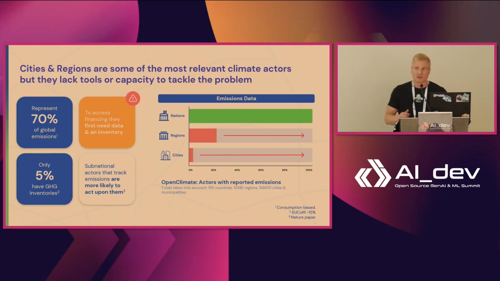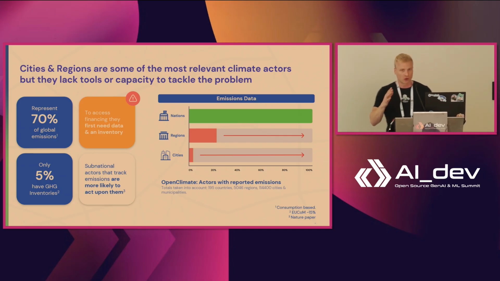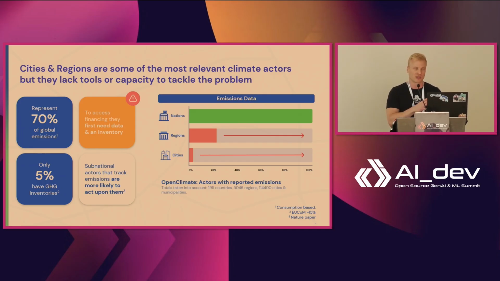I already said that cities are responsible for 70% of global emissions, but only 5% of cities actually have an inventory in place. This is a super low number, and we can see that if we look at nations, nowadays I think every nation is kind of required to have inventories in place, but if we look at regions and cities, these numbers are drastically lower.